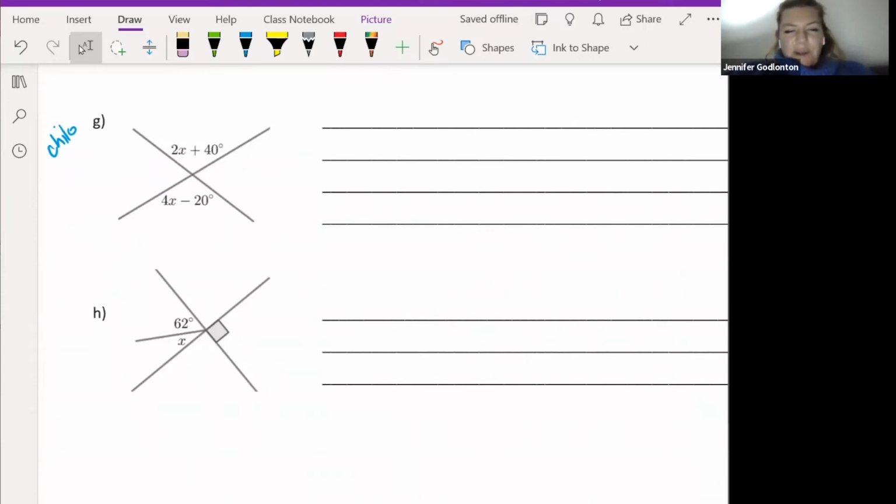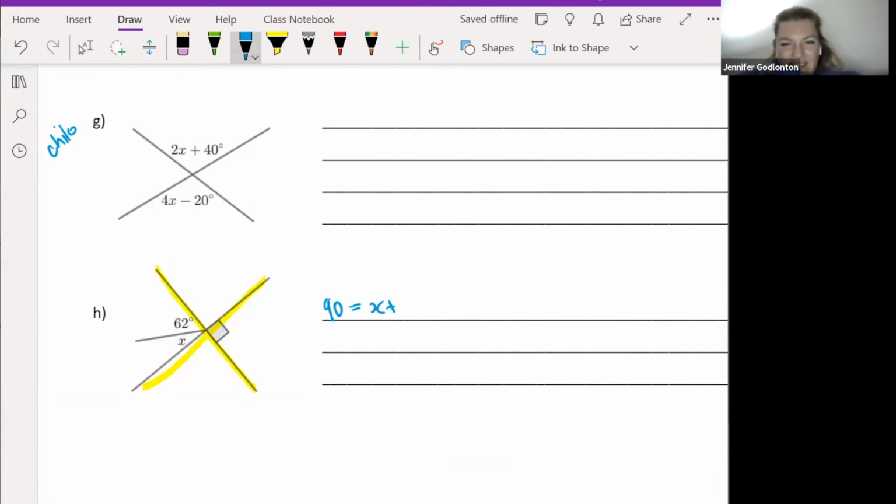Is this a question or is it to answer one of them? Can I answer H? Yes, but also MK. I think MK was in our last class. Since it's a 90-degree angle on the other side, 90 degrees equals x plus 62.